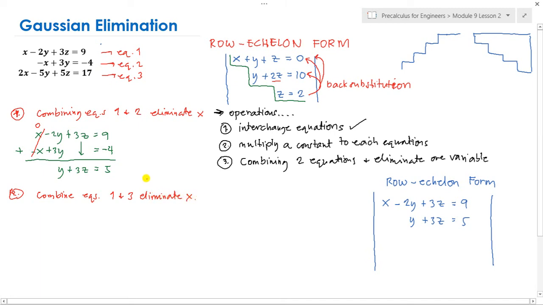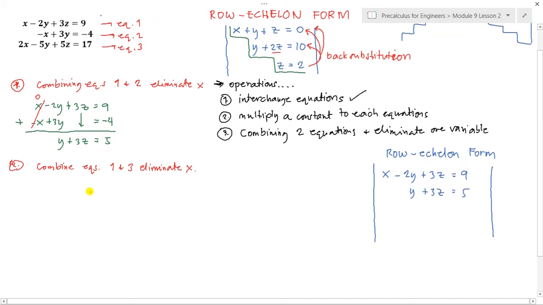Mao na siya ang first move ato sa eliminate si x. Why? Kung ma-eliminate na si x, we can achieve an equation that only involves y and z, and since makakuha naman ta, ato na pud na i-pair up ari sa usa ka equation nga naay y and z para matangtang si y, si z na lang mabilin.